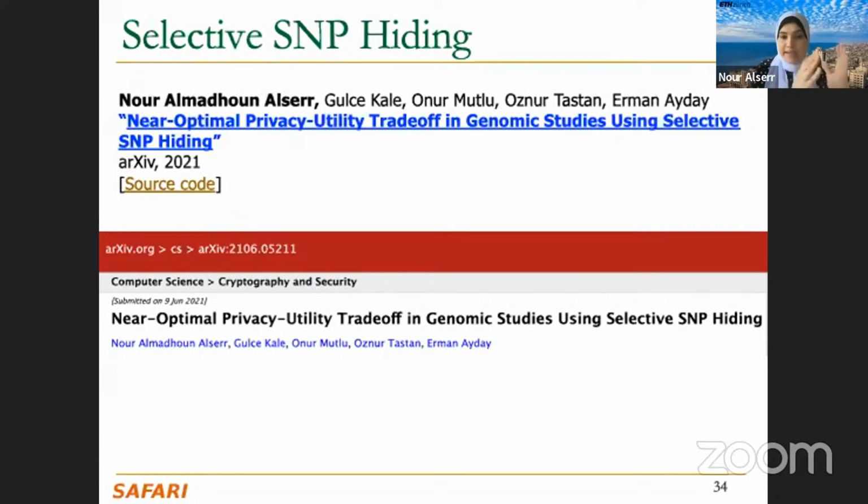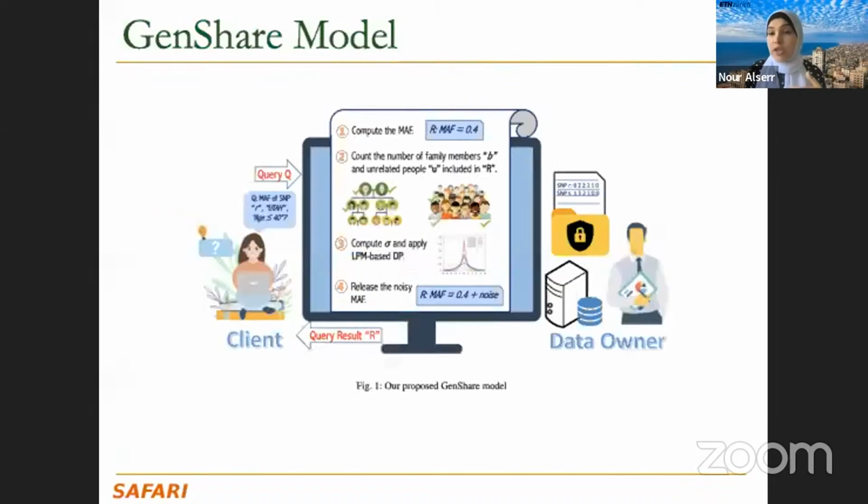Now, the second mitigation way is to work with the Laplace perturbation mechanism to change the query sensitivity, because we have correlations, or to change the epsilon value we have. In this work, we call it the GenShare model. Here we receive a query from the client, who can be any researcher, and maybe an adversary.